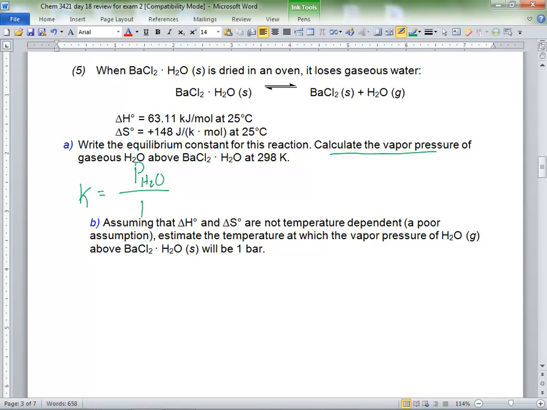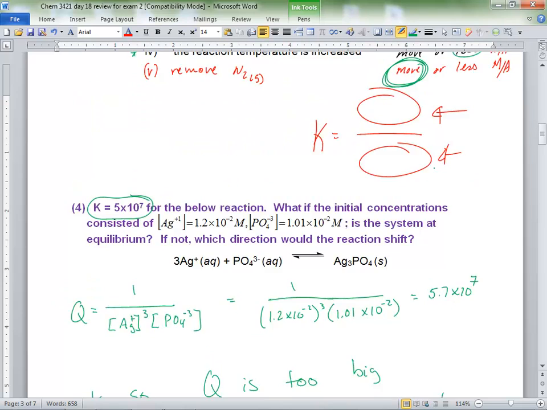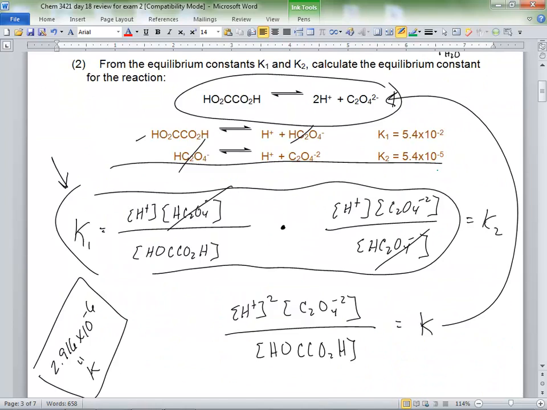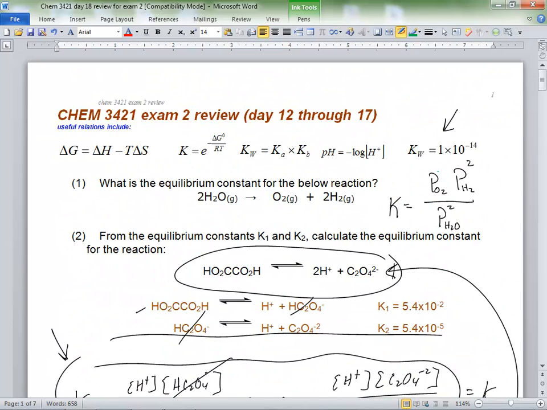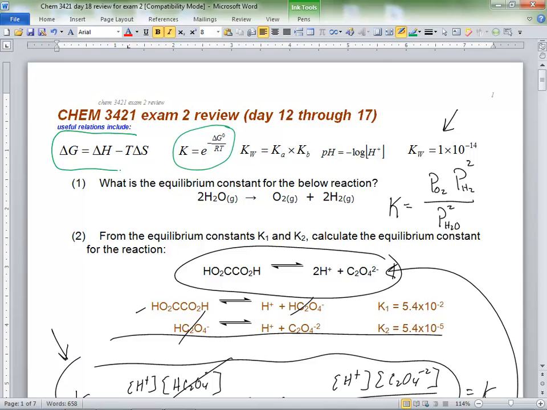So you remember the expression to get K? Here it is. But you've got to get delta G first. No big deal. Here's delta G. Now this delta G has a superscript 0.